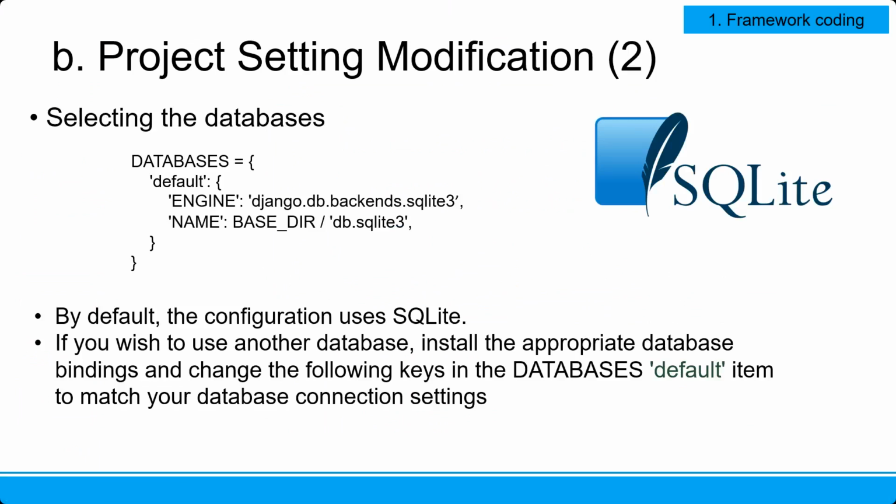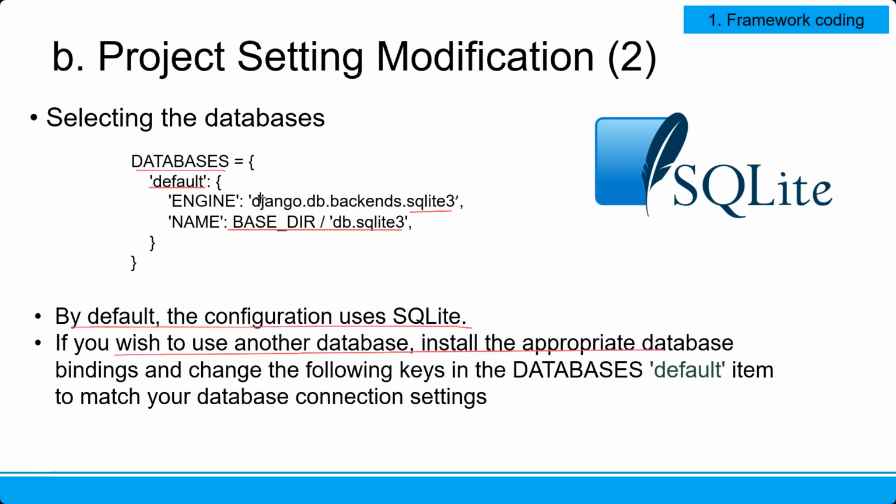The other thing that you need to know is about the database. For this database, I will use SQLite. So the basic one, we call this the default. In the default, we will use SQLite 3. When you install Django, it already includes this database. So by default, the configuration uses SQLite. If you wish to use another database, you can install the appropriate database.